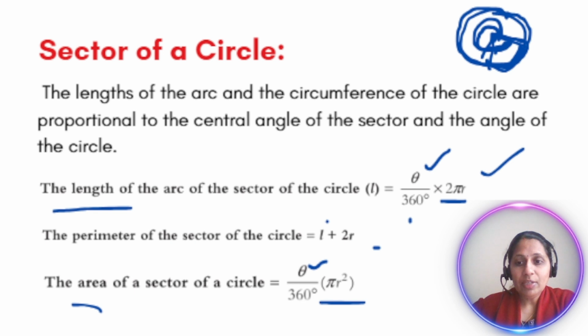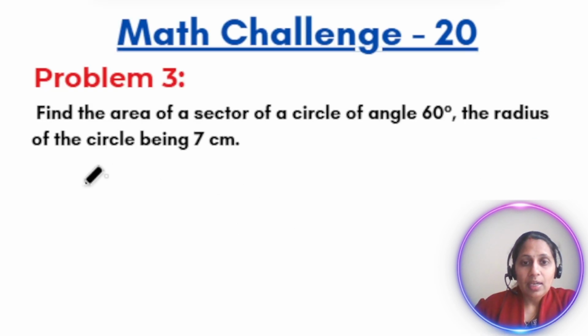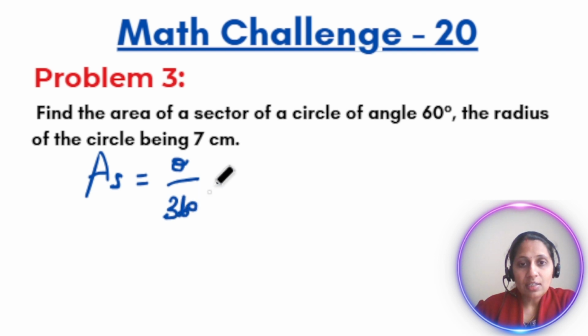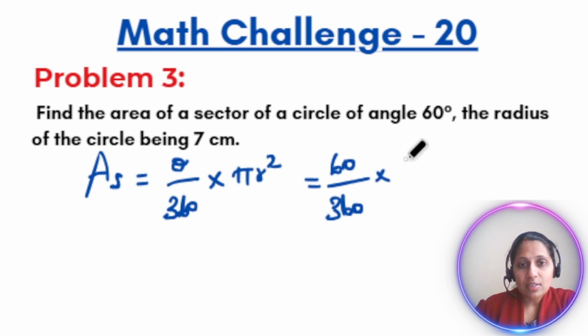So now coming back to the problem again. Area of the sector is theta by 360 times pi r square. Substituting here, theta is 60 degrees. So 60 divided by 360 times pi, which is 22 by 7, times r into r.